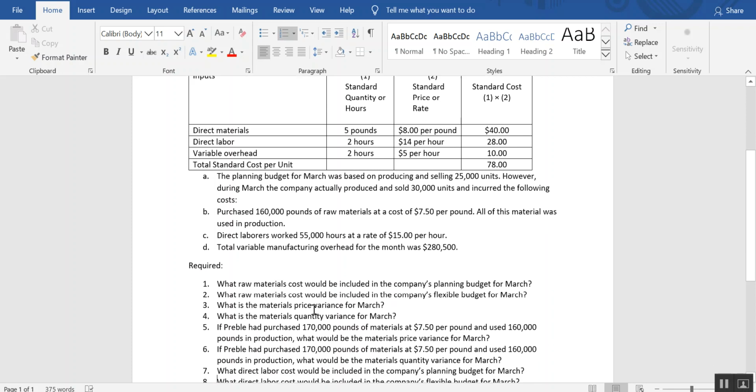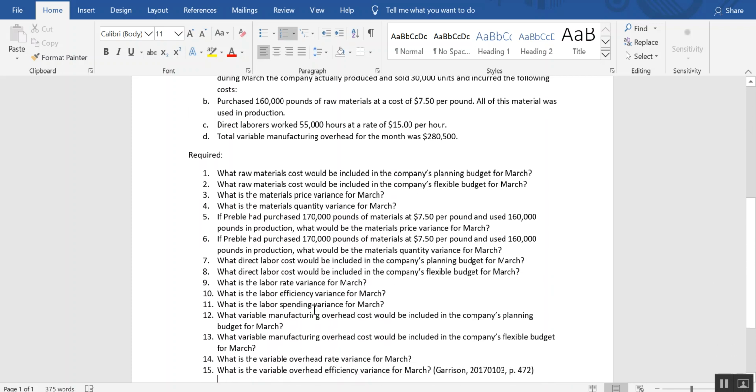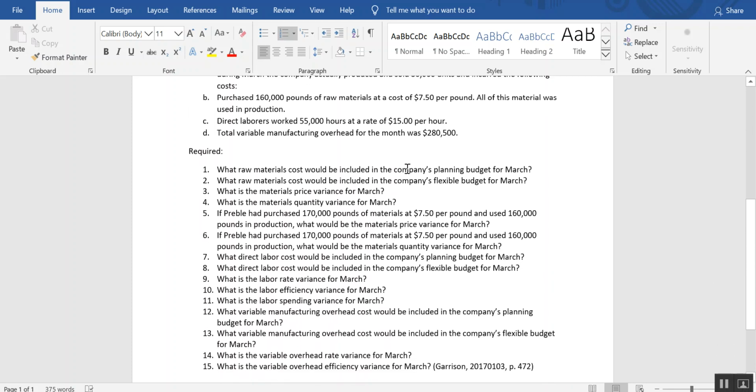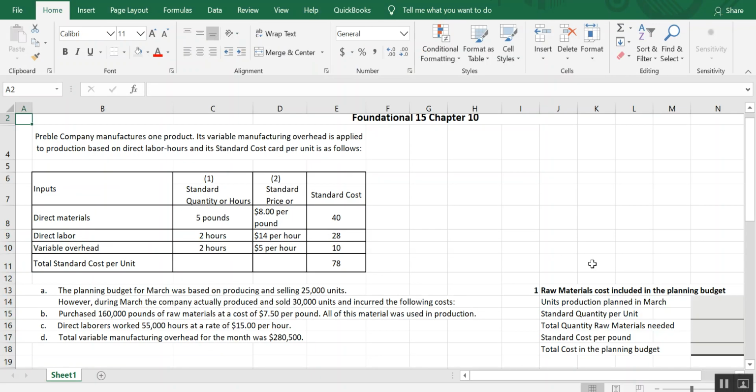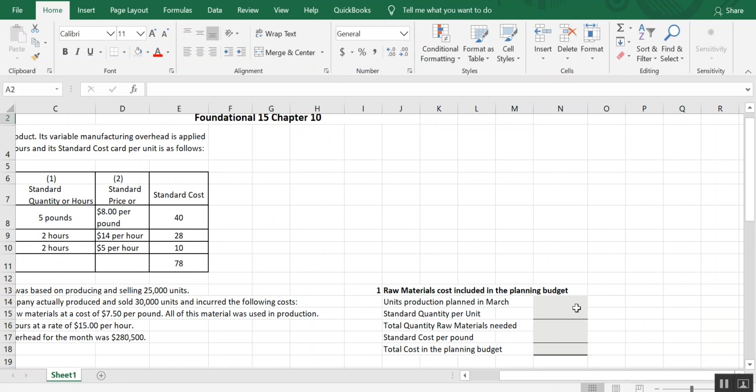So the first thing they ask us is what raw materials costs would be included in the company's planning budget for March. Well, let's go to the Excel spreadsheet, and we have that here. If we look at the planning budget, we have units of production that we were planning for the month, which was 25,000 units.